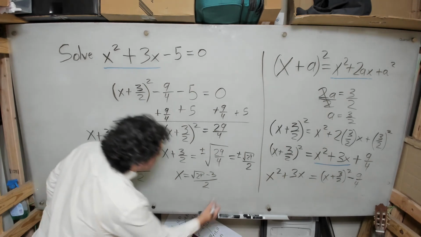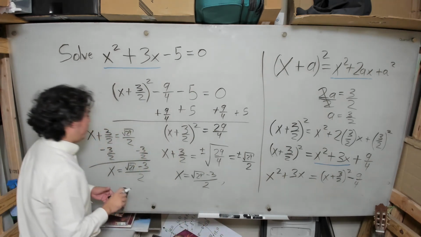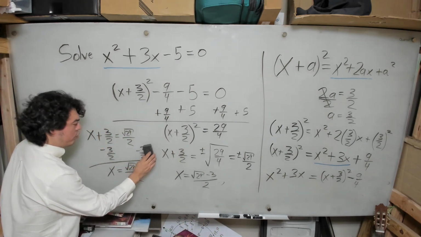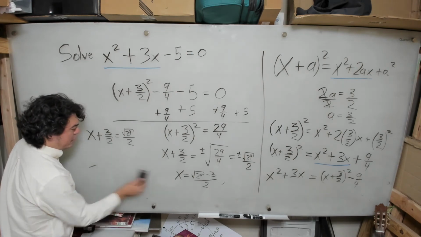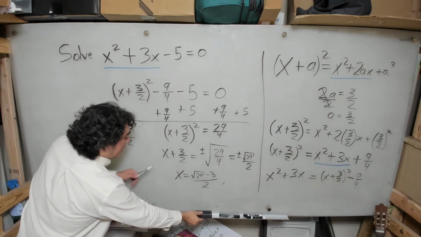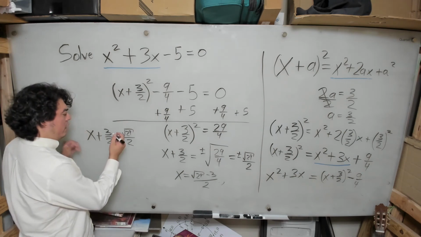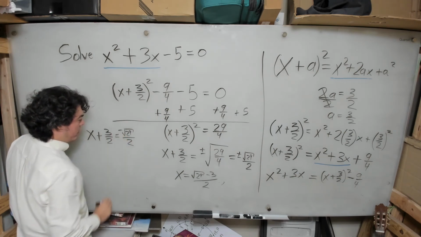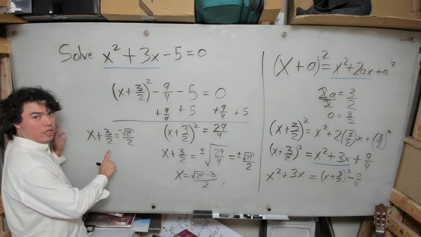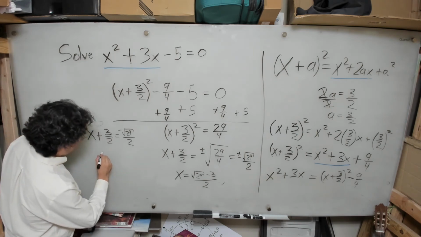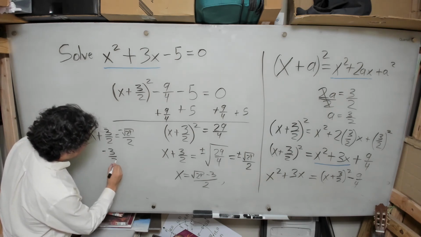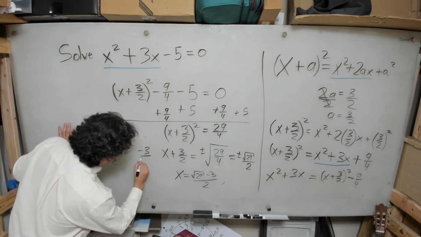Okay? And now I'm going to calculate my other root. How am I going to do that? I'm going to do that by setting this left-hand side, the x plus 3 over 2, equal to the negative square root of 29 over 2. I'm still going to have to subtract the 3 halves to the other side, so let's do that together. Minus 3 halves, minus 3 halves.